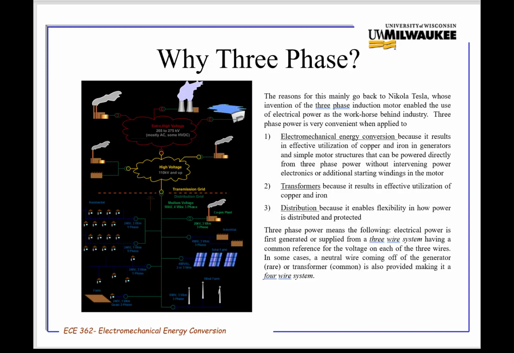You need to have rotational motion, and it was a three-phase induction motor that made it possible to achieve motion directly off of an electrical line in its native form coming from a three-phase generator or a synchronous generator, as opposed to DC power, which is what was competing against Nikola Tesla's ideas, which required a lot of extra junk to actually make things work and convert the mechanical energy into electrical energy.